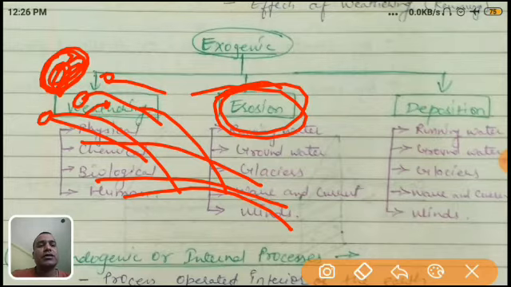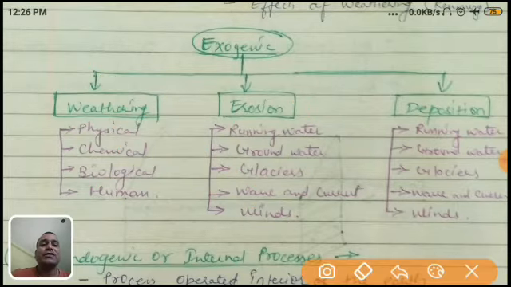Clear? Now see, what are the agents which are helpful? First, running water. I hope you know, at the time of rainy season, you see many times the running water in the river is very muddy. Why? Because at the bank of the river, the mud and different stone particles are mixed with water and eroded from one place to another.